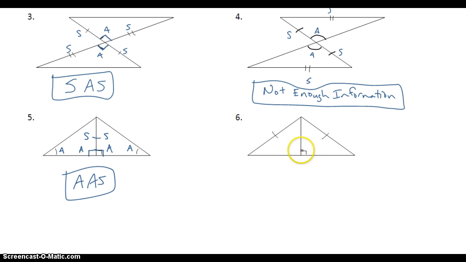And in the last example, again we have a right angle, which means that these two segments are perpendicular, so we have another right angle here. And we have a shared side. And in this example, we do have hypotenuse leg. So these triangles are congruent to each other by HL.